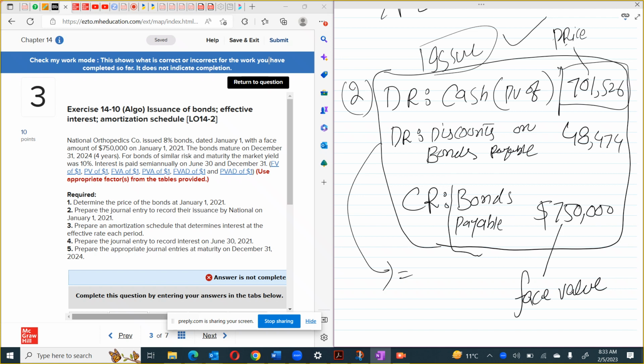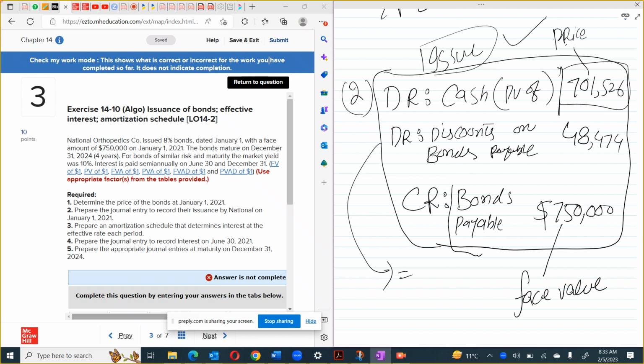Remember, I give you another tip for your ease. The coupon rate is always given with the face value. If you read the question, it is written, National Orthopedics Company issued 8% bonds.